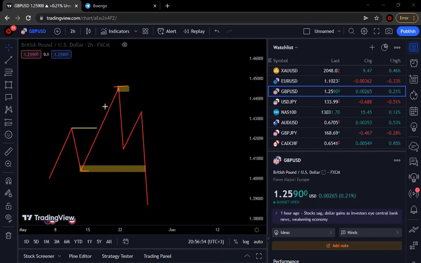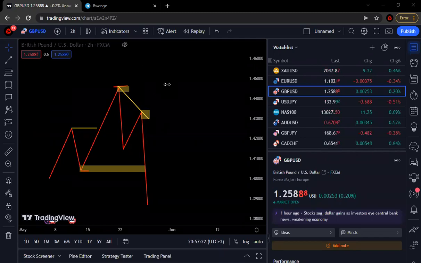Then we expected the next high to be higher than the previous one, but it was created below. And this is what we call a shift of market structure. In order for you to have a mitigation block, you must have a shift of market structure, SMS.